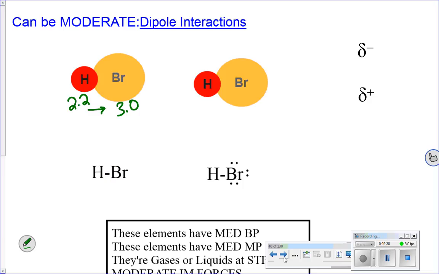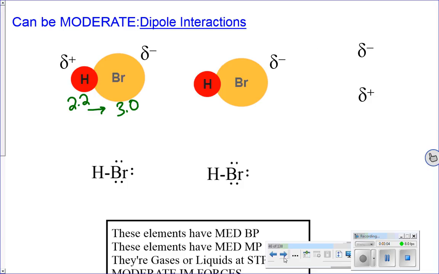What that creates for us is a couple of regions where we have partial positive and partial negative charges. And this is not a symbol you need to know either. It's just a nice way of looking at this. So it gets a little bit positive by hydrogen, and a little bit negative by bromine.